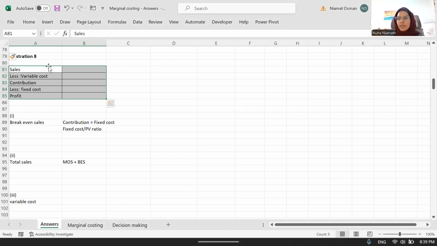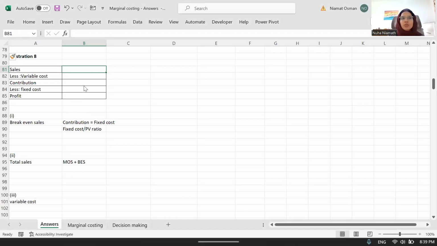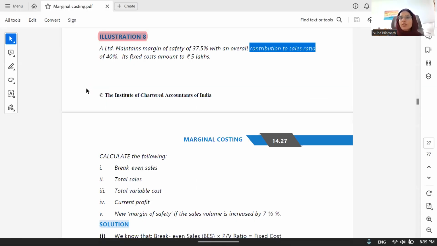So the first thing that is given in the question is the margin of safety. And we have the PV ratio and we have the fixed cost. Let's put the fixed cost here. Our fixed cost is 5 lakhs. So whatever is given, let's put it. Now they have given the PV ratio to be 40%.